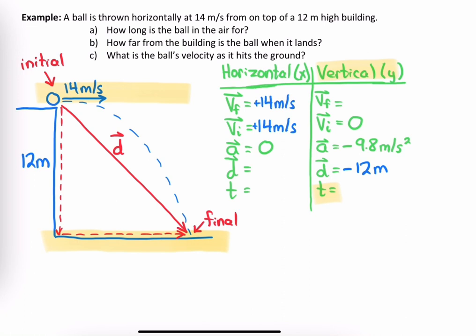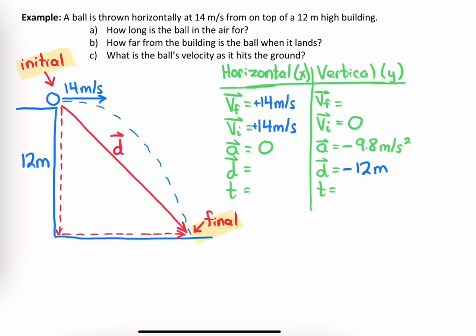As you might be able to see, both of those people, my horizontal timer and my vertical timer, are both going to start their stopwatches at this moment, the instant the ball is released. And they're both going to stop their stopwatches at this moment, the moment the ball hits the ground and reaches this final distance away from the building.